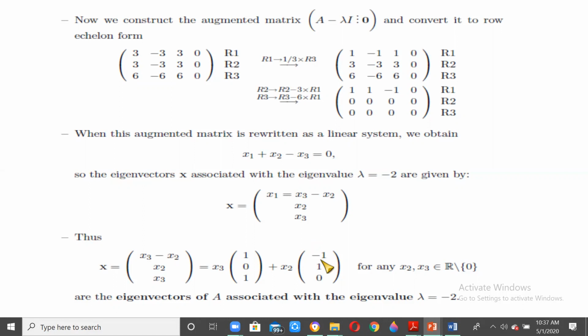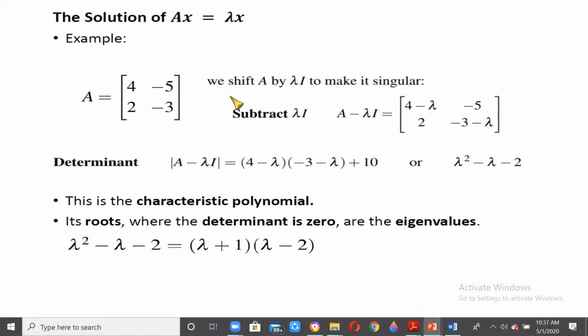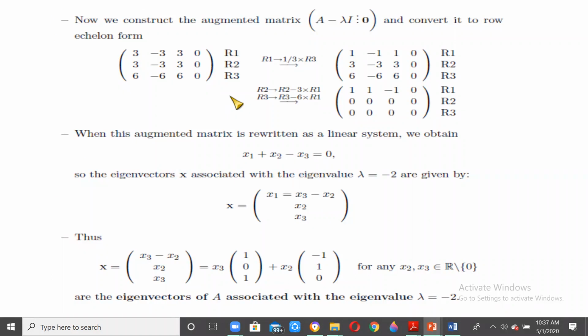So minus 1, 1, 0 multiplied by X2, 1, 0, 1 multiplied by X3. So thus we get the eigenvector here associated with lambda equal to minus 2. So that is how we can get the solution. The detailed solution is given over here, right?